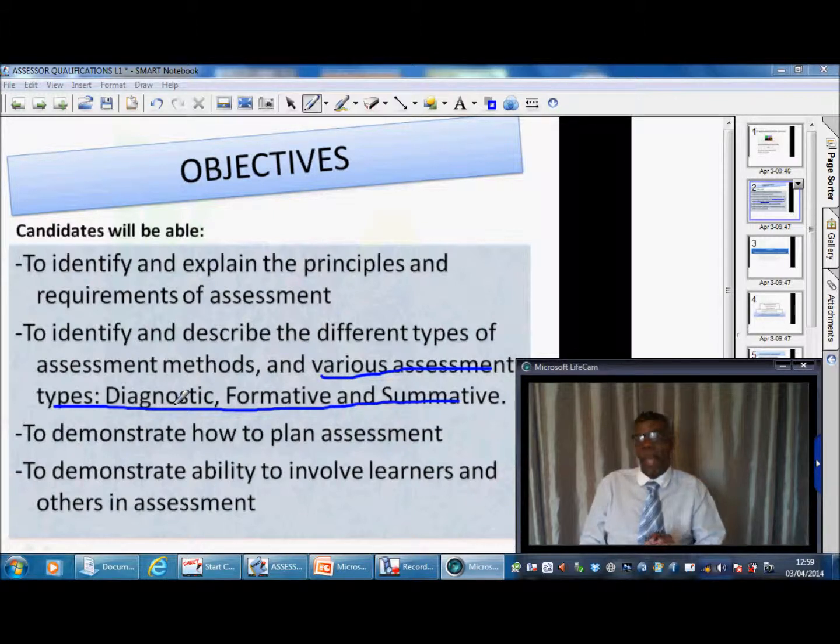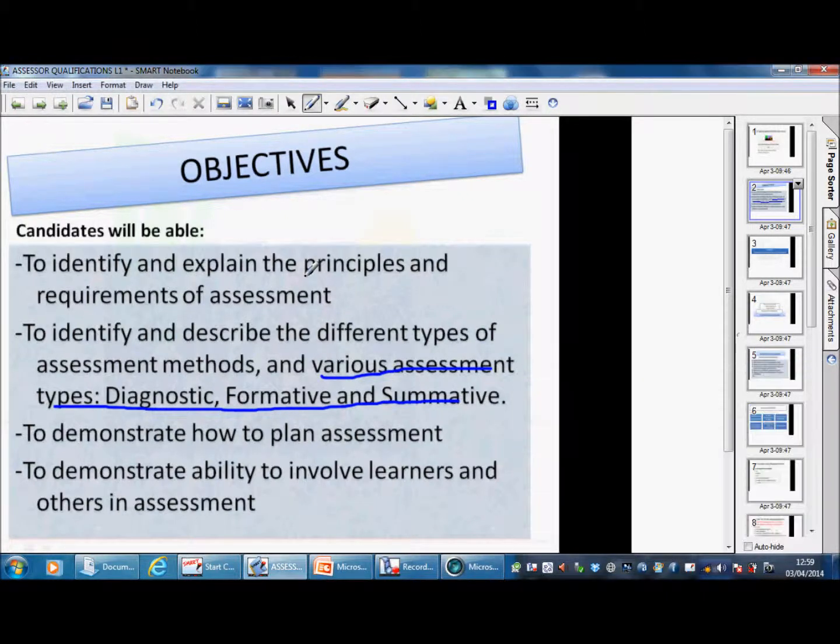So we have covered those aspects thoroughly well, and I believe that by now you have a clear understanding and a distinction between the three: diagnostic or initial assessment, formative, and summative, and you've got a clear perspective of where we are going. Now, in today's lesson, we'll seek to delve into the principles and requirements of assessment.